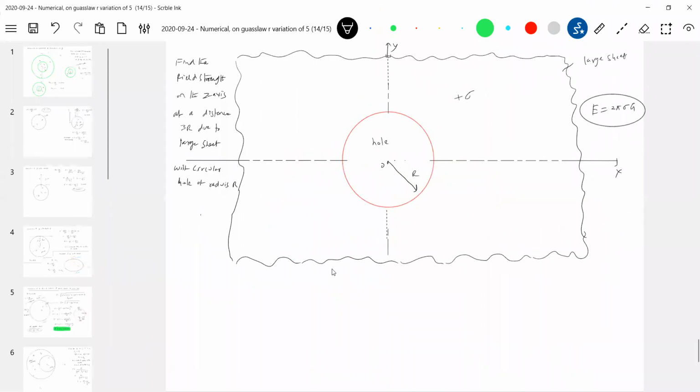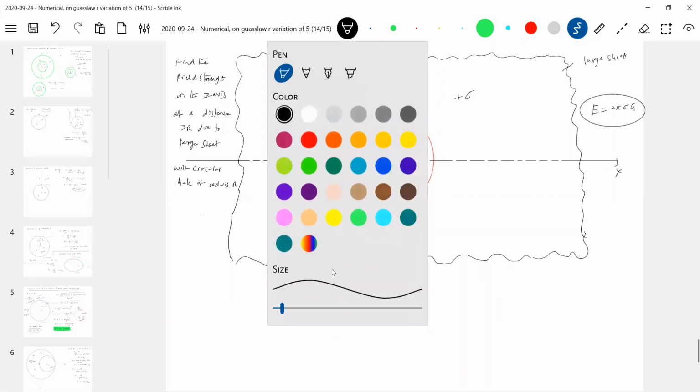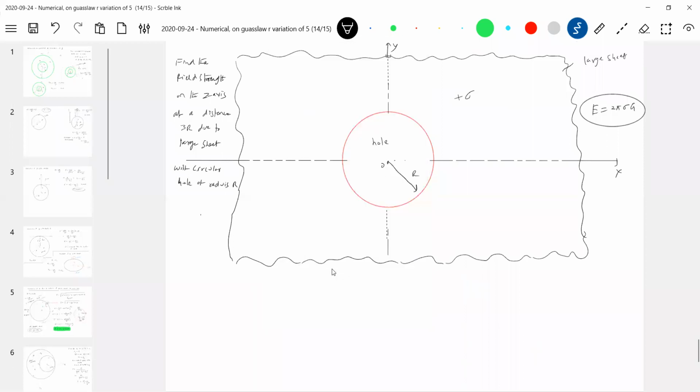Here, this is the x-axis, this is the y-axis, and this is the z-axis. Agree? So this is a sheet without a hole. We'll calculate the field on the z-axis.